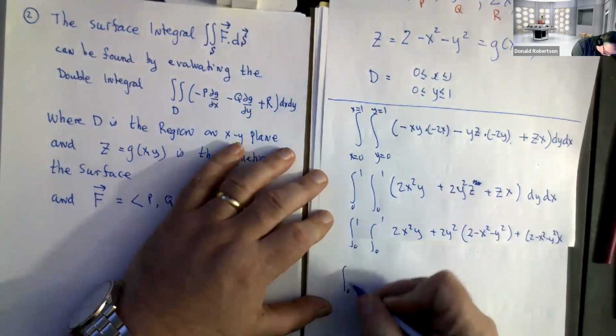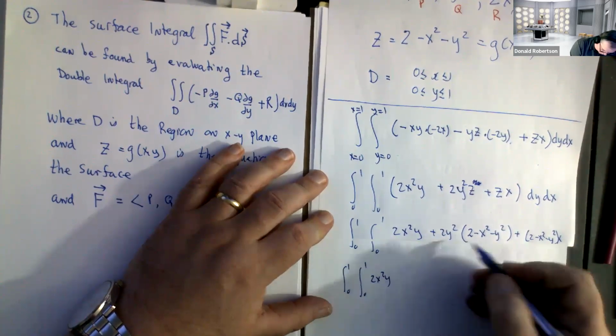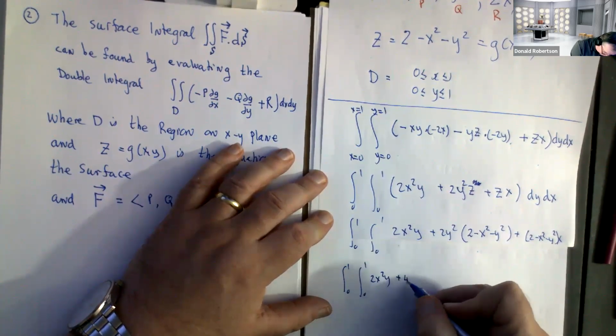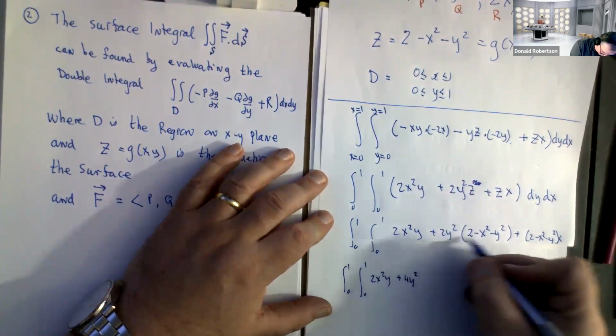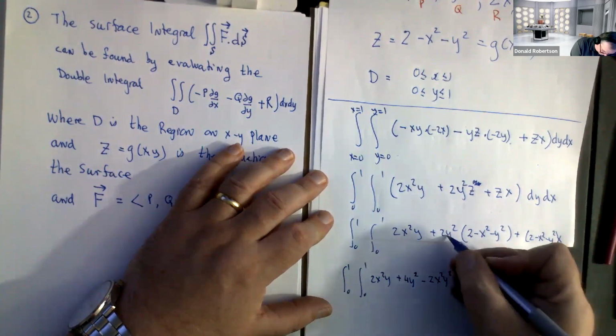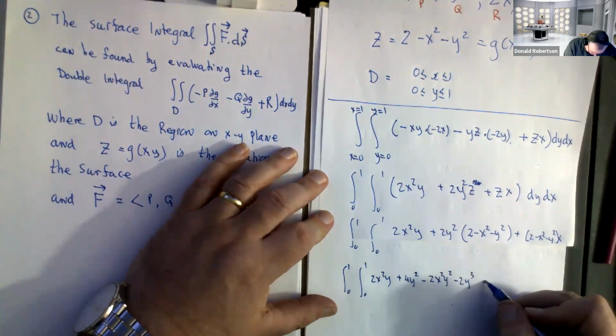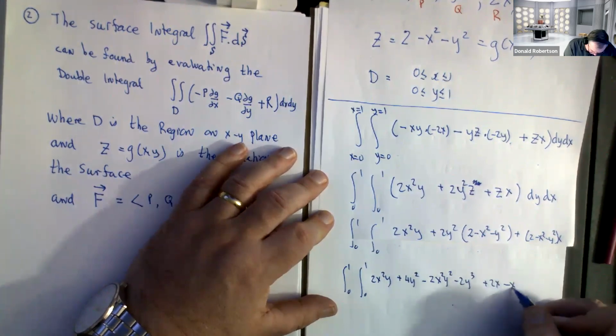Not much left to do here. Multiply this guy out and you get 4y squared. This guy, negative 2x squared y squared. This guy, negative 2y cubed. This guy looks like a 2x. Take away an x cubed. Take away y squared x.